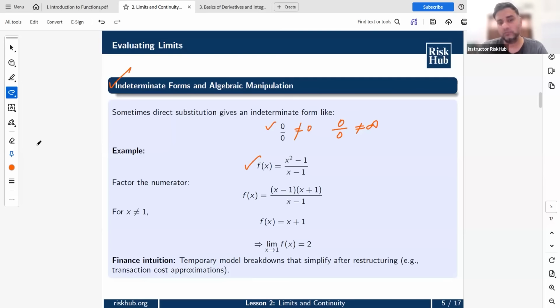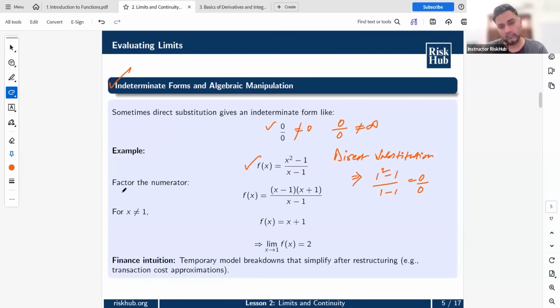If I do the direct substitution here, I will get 1 square minus 1 over 1 minus 1, which is 0 by 0. Which we can't use. This is an indeterminate form. So how do we solve this? To solve this, we have something called algebraic manipulation.